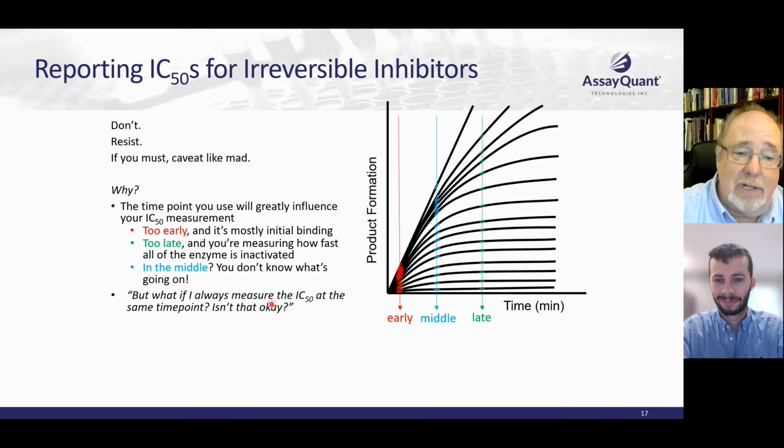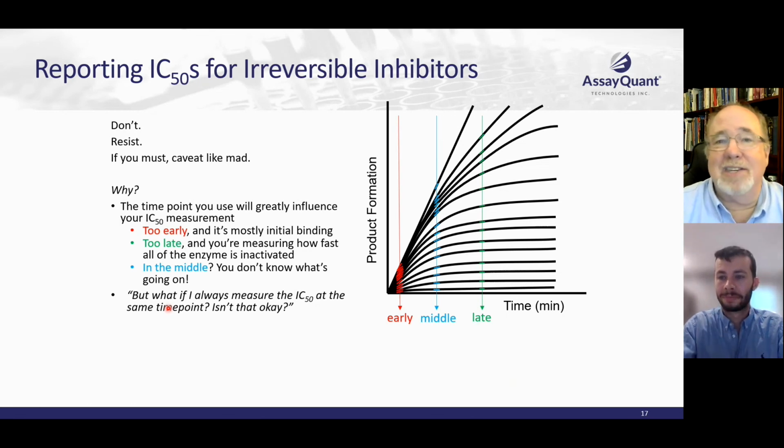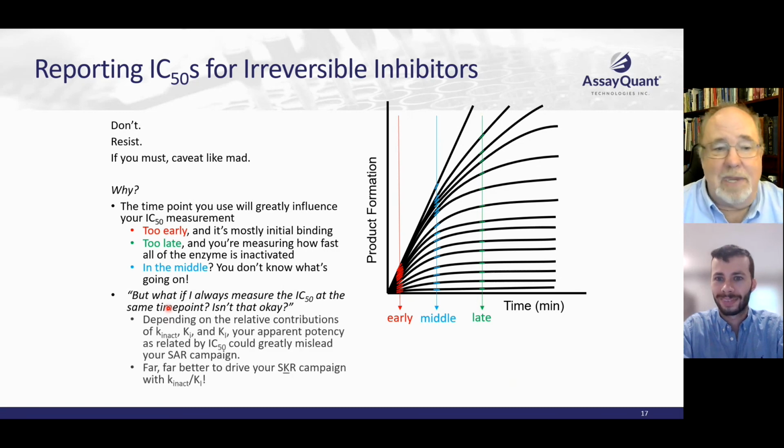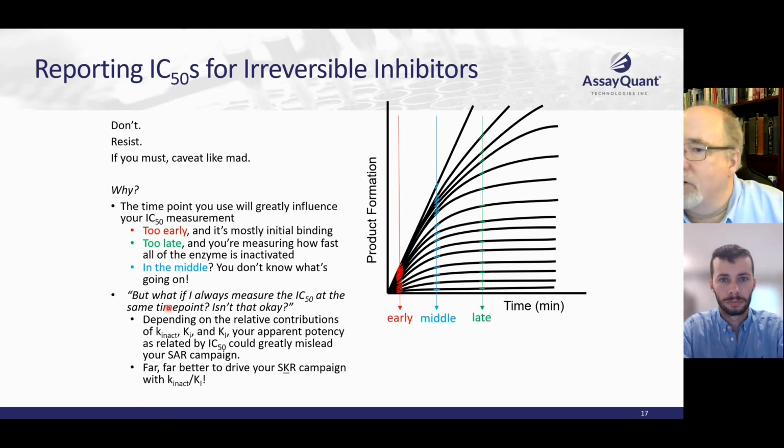Some people say, but I'm always measuring the IC50 at the same time point. Isn't that cool? No, it's not, because it really is dependent upon the relationship between the kinetic portion of the time-dependent irreversible inhibition and the KI portion of that irreversible inhibition.